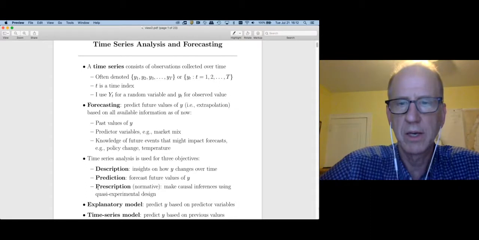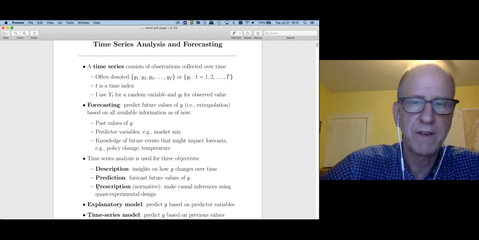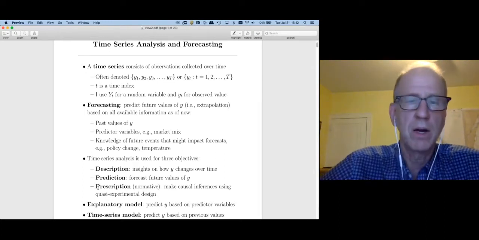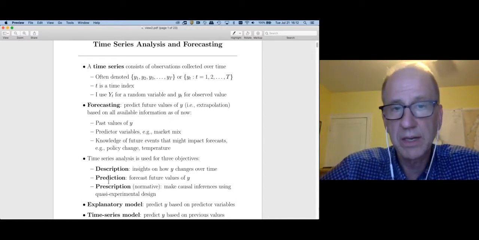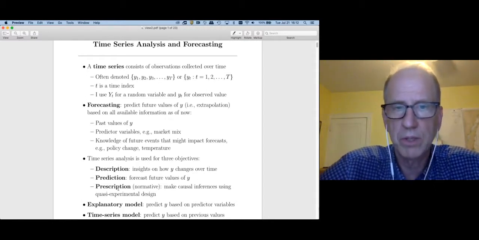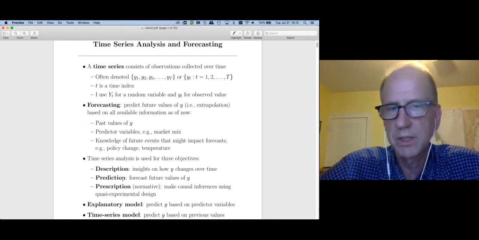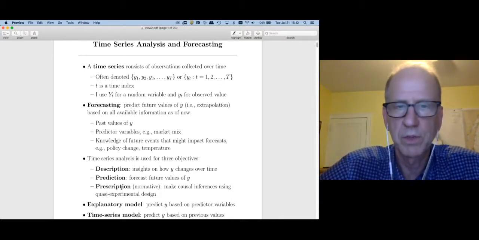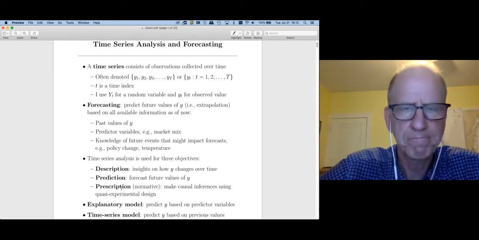That is a causal inference. I'm saying that my act of shutting down bars has this effect on cases. We're going to need different methods to study each of these three types of questions. Description has nothing to do with causality, it's just describing what I see. Prediction is about forecasting the future. Prescription is understanding how some factor affects the Y.